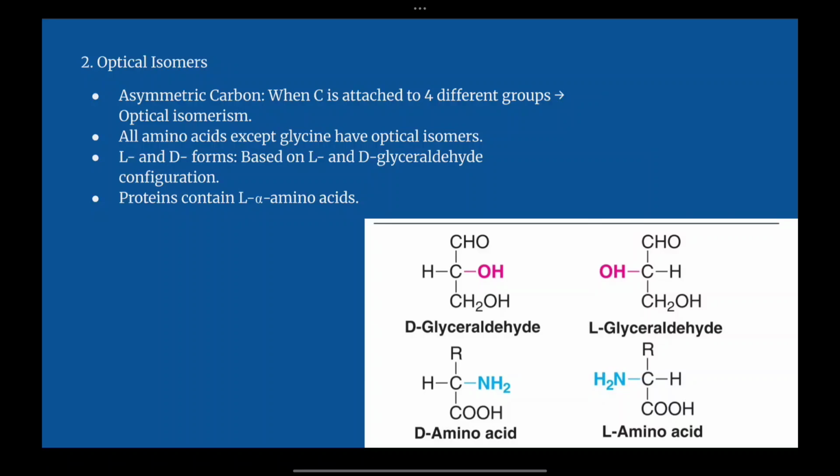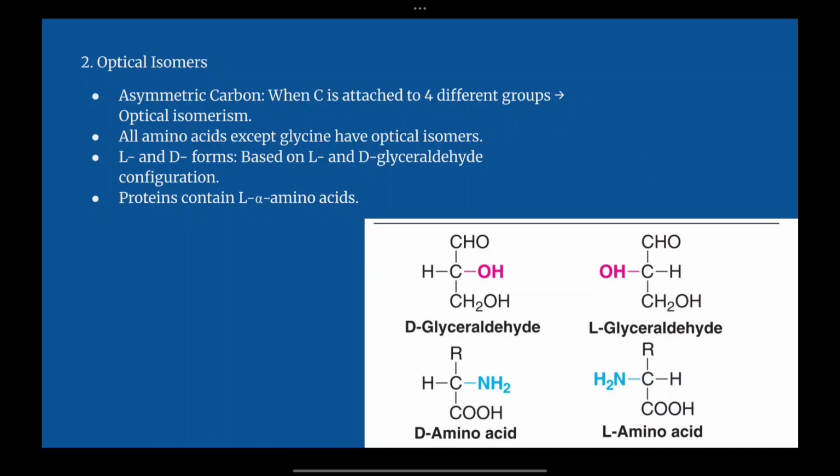Now the optical isomers that you can see, which are the L and D forms. There is an asymmetric carbon, where a carbon atom is attached to 4 different groups. These 4 different groups can be in different positions, which will determine the optical isomerism.